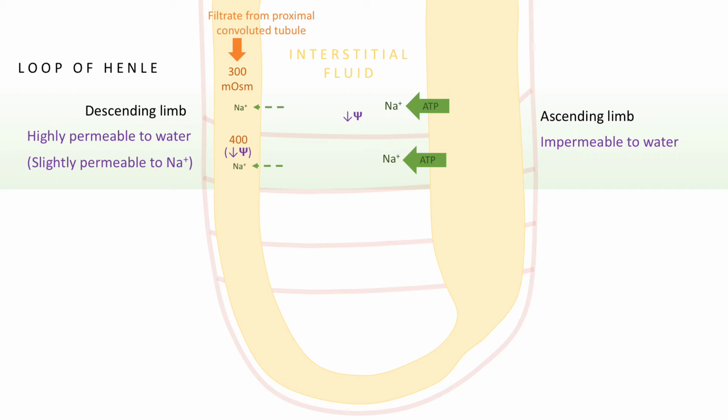Some sodium ions move in to the descending limb, lowering the water potential of the interstitial fluid even more. And then water diffuses out of the descending limb by osmosis and is carried away in the blood. And this carries on right down the ascending limb and descending limb, so this process continues.